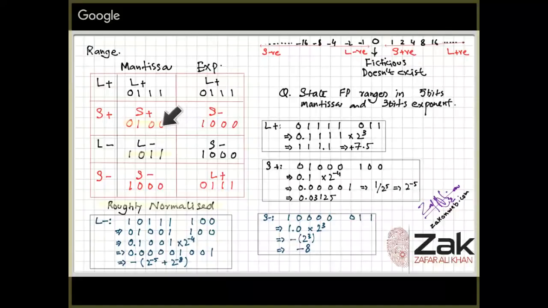But you might have as many as 8 bits in Mantissa and 8 bits in exponent. They'll tell you how many bits are in Mantissa and in exponent, and you have to tell what is the largest positive number, the smallest positive number, the largest negative number, and the smallest negative number.